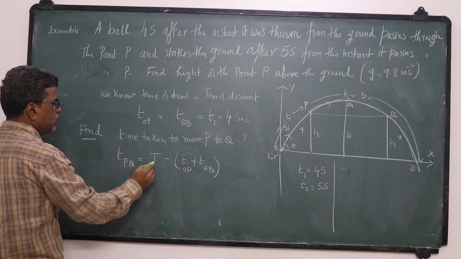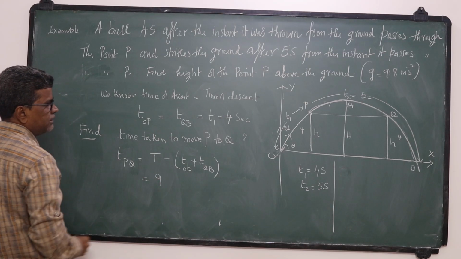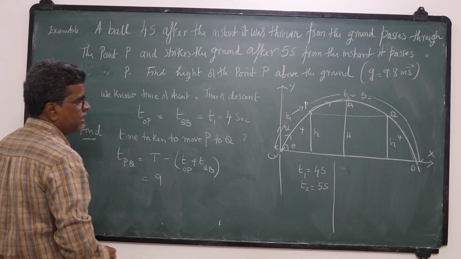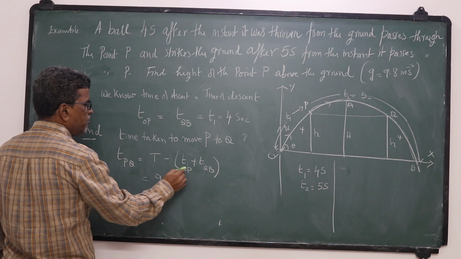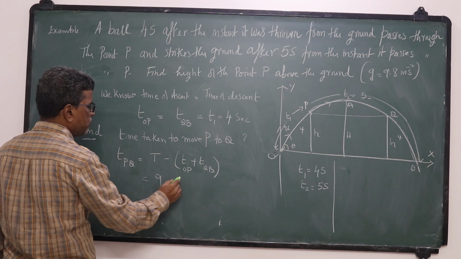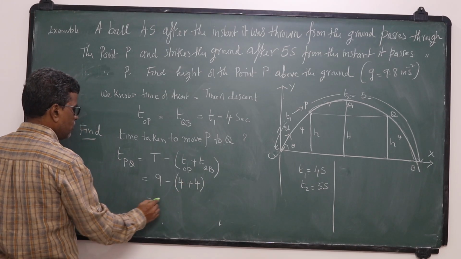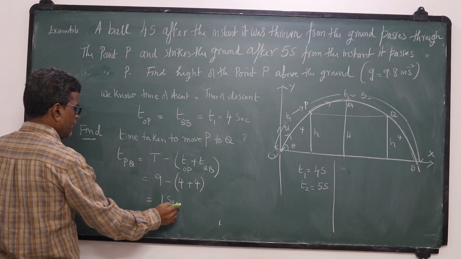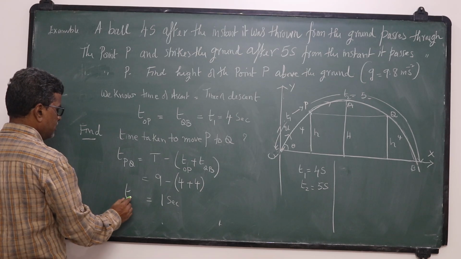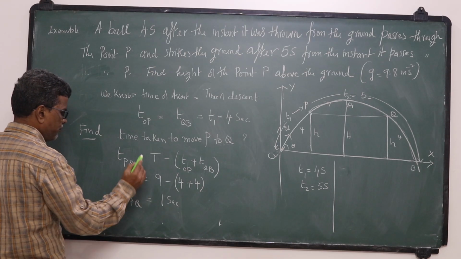The total time of flight is 9 seconds, and the time to go O to P is 4 seconds. So 9 minus 4 minus 4 is 1 second. That is the time to go P to Q.